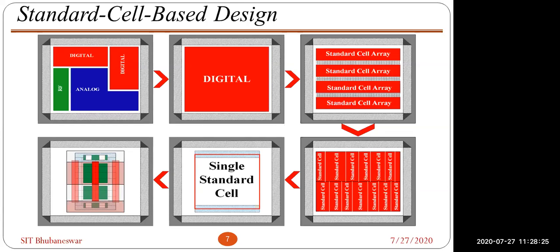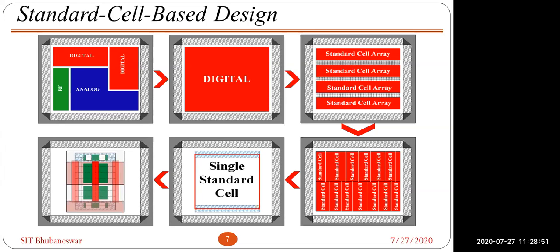So all the standard cells are connected side by side in a row. And in between, some connections are there, meaning from one array to a second array, or second array to a third array if you want to connect. So wirings are there, horizontal lines or vertical lines, and through that we interconnect those arrays. The fourth picture is nothing but one array.